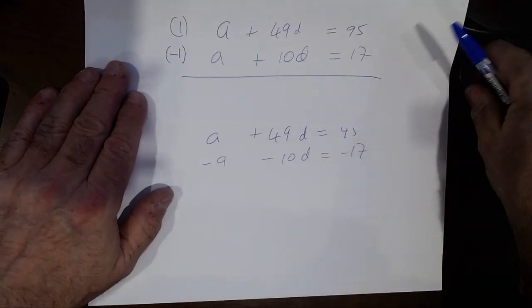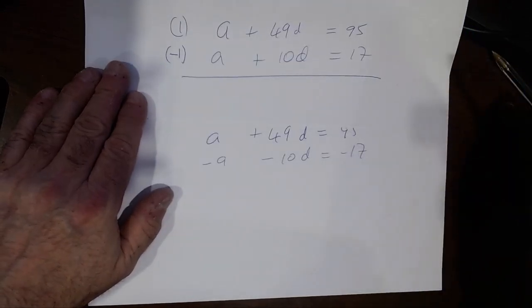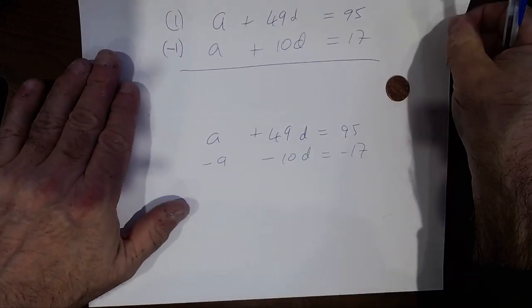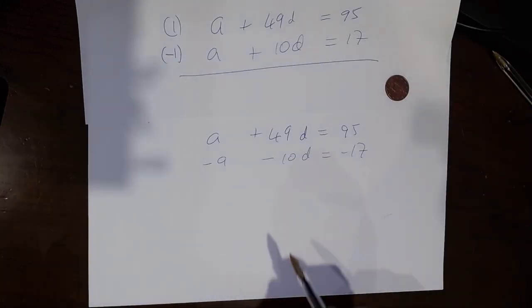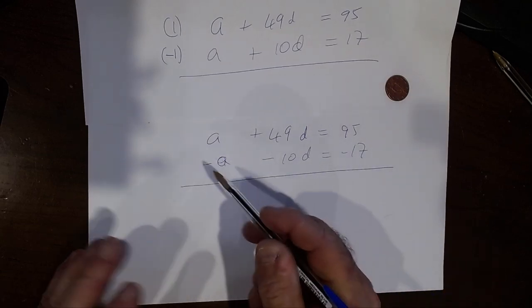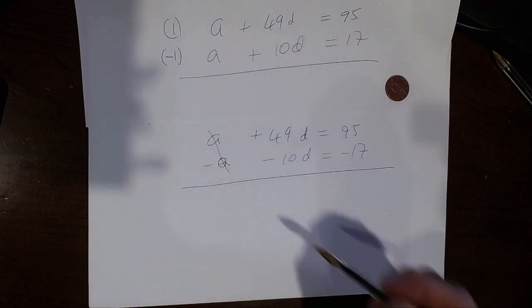And the advantage of doing that is that you don't have all these kind of, you know, when you go across and you change the signs and you end up with a bit of a mess. So they eliminate by addition.